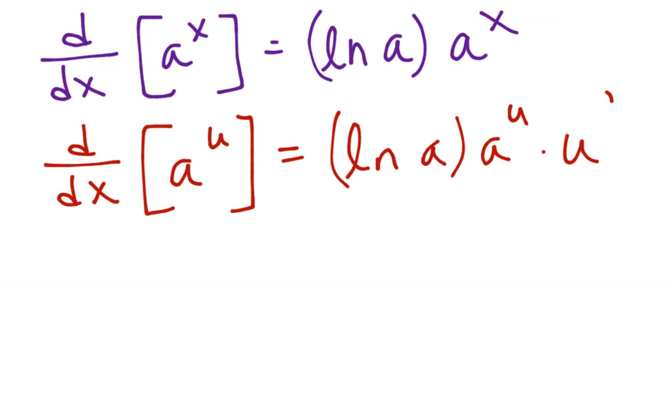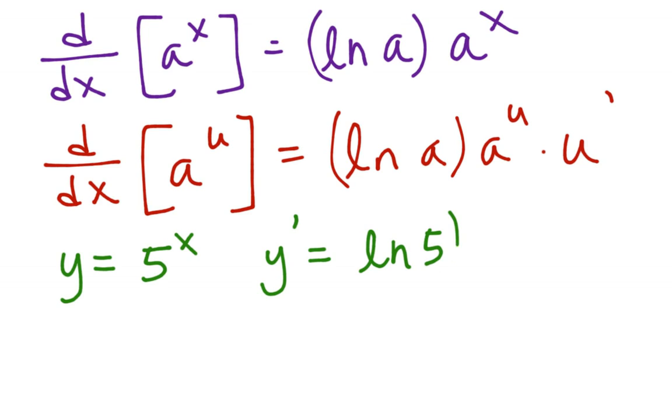Let's look at a couple of examples. Here's one: y equals 5 to the x. Find the derivative. The derivative is equal to ln 5 times 5 to the x. And that's it.